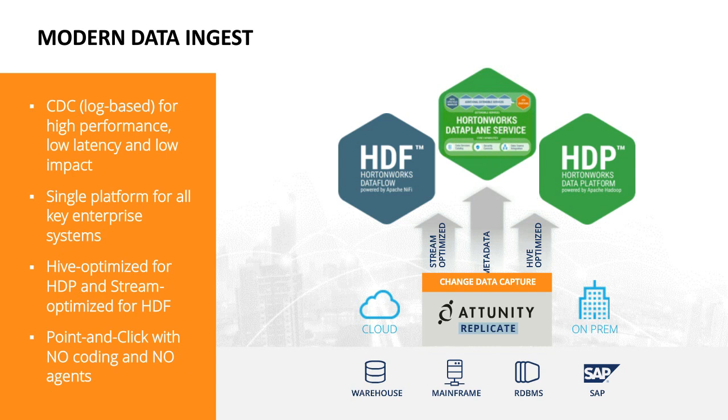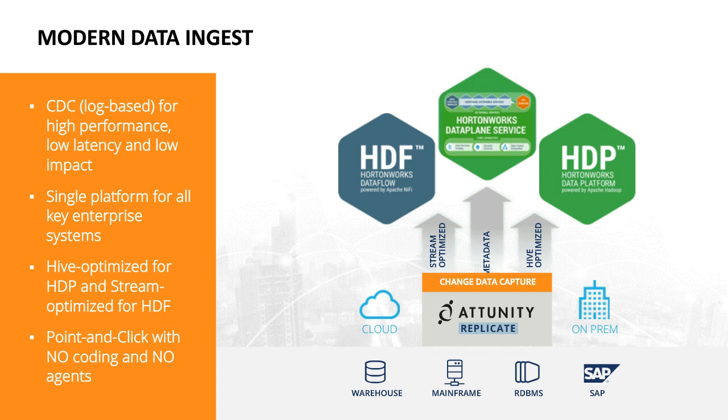What we do is we unlock and we stream that data as it changes. We do that based on the transaction logs of those systems, and we do it in a way that does not require any agents or impair or get in the way of those core production systems. So you may have a 20-year-old mainframe application that's driving a big part of your insurance business, and we see that a lot.